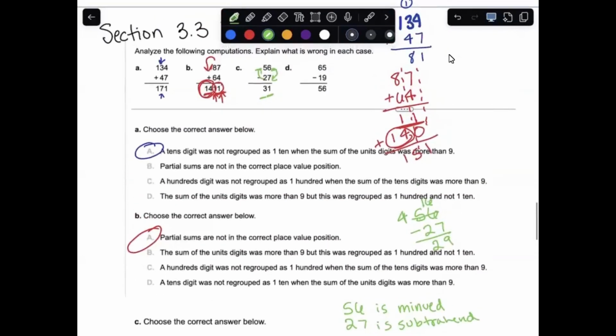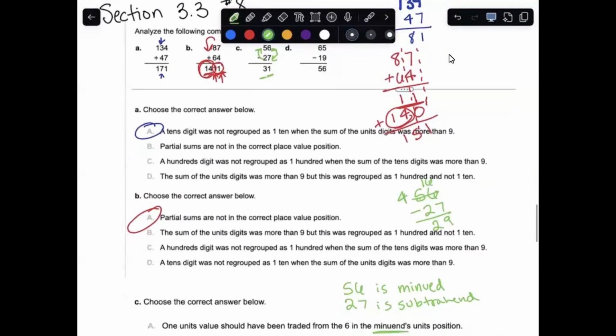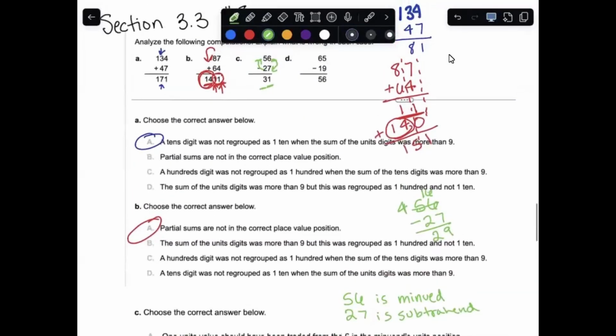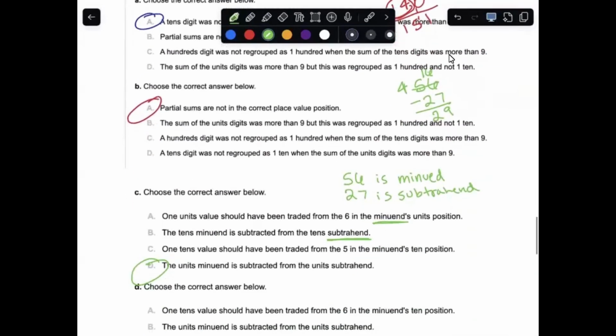What they've done is they've subtracted the ones place of the minuend from the subtrahend instead of the other way around. So the units of the subtrahend subtracted from the units of the minuend should be our correct answer here. And units is synonymous with ones.